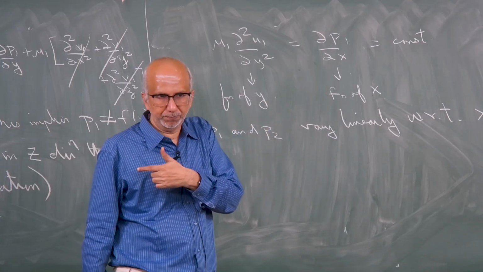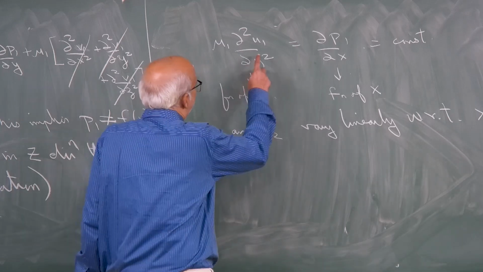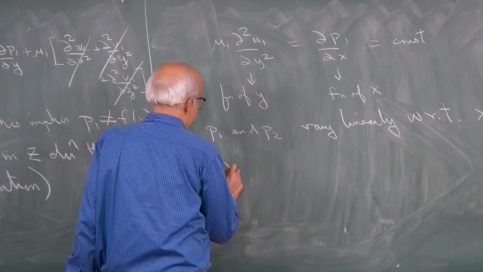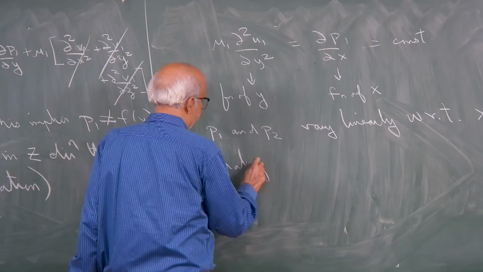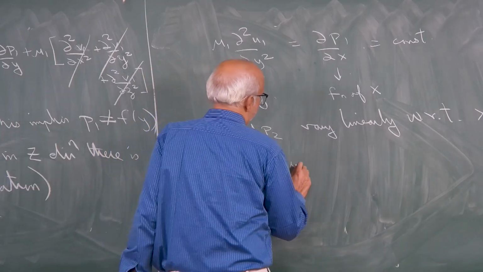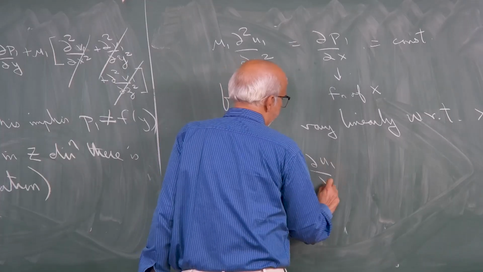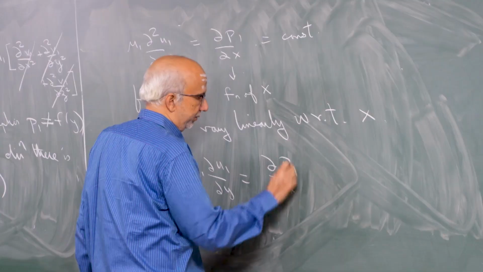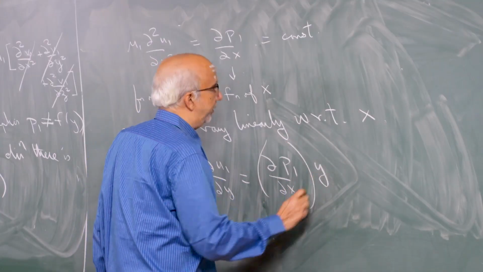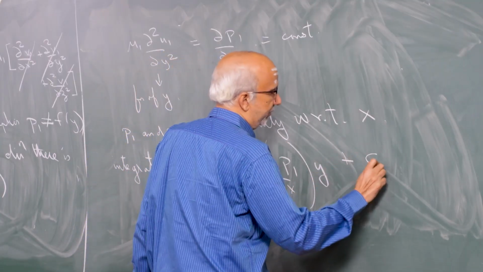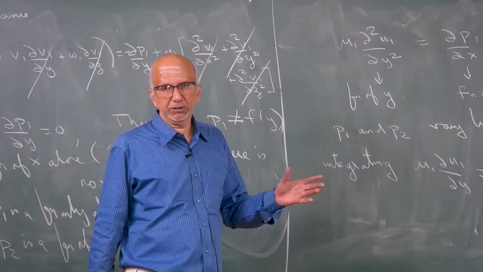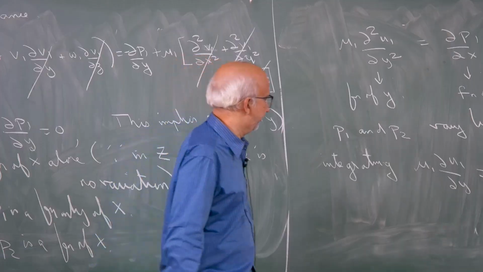So, basically you can integrate this equation once. Integrating, what do you get? Mu1 du1 by dy equals dp1 by dx multiplied by y plus c1, right? Because it is a constant, you know how to integrate this.